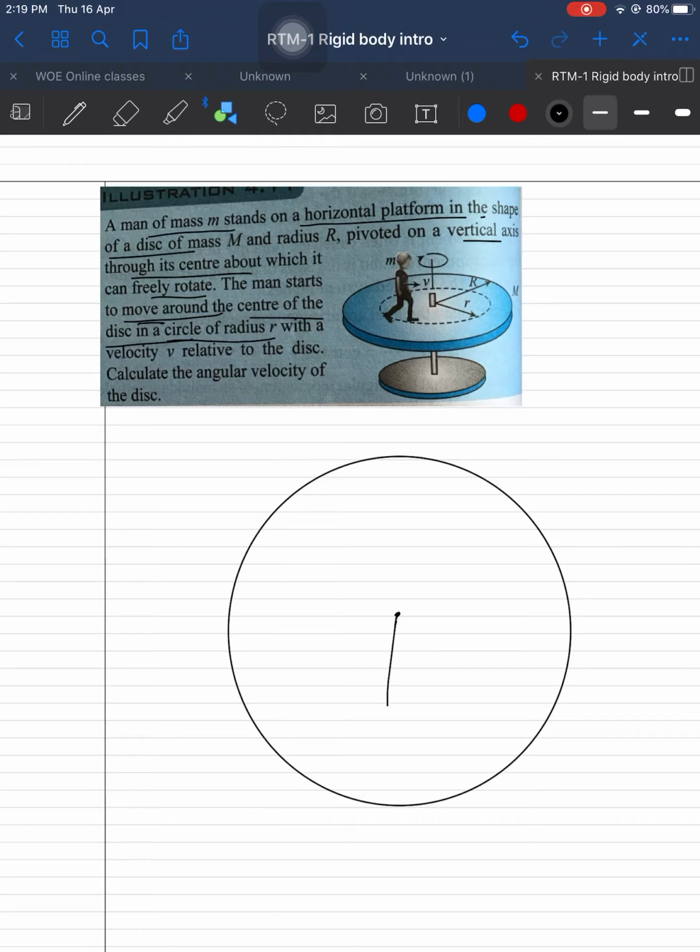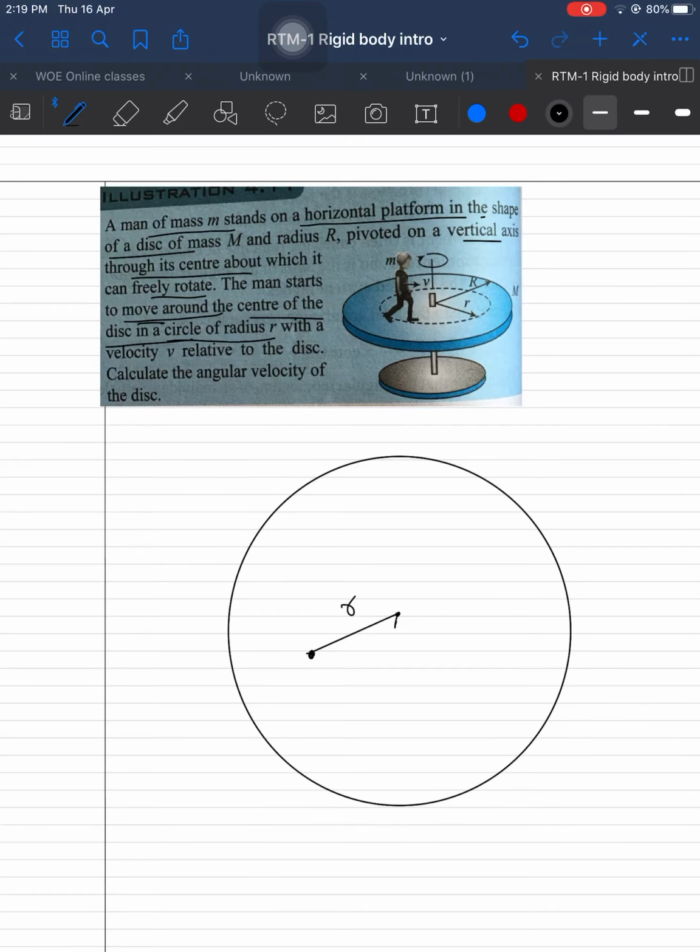If you draw this diagram again, this is a circle at the center, and at this position a man is walking at radius r.